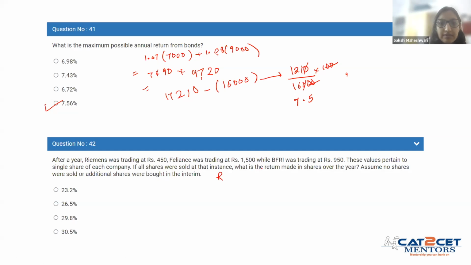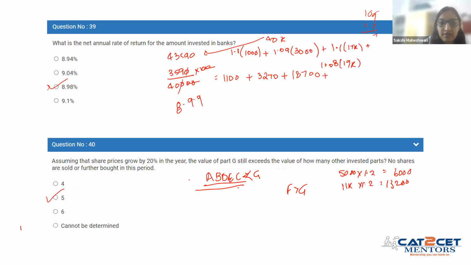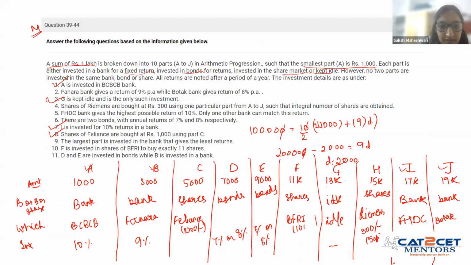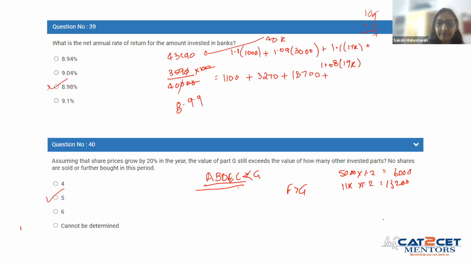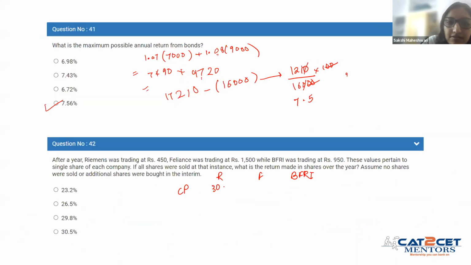Remans, Reliance, BFRI. And let's see the cost price. What was the cost price we bought at? It was Reliance is 1,000, BFRI is also 1,000, I think. Yeah, 11 shares, so 11K. This is 1,000 and Remans it is 300. So 300, 1,000, 1,000.